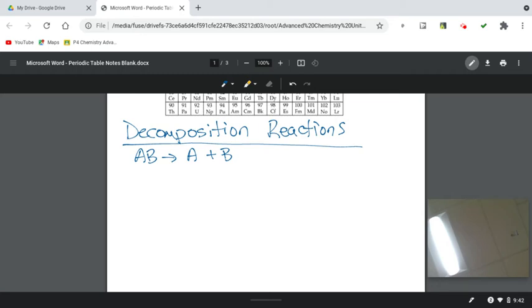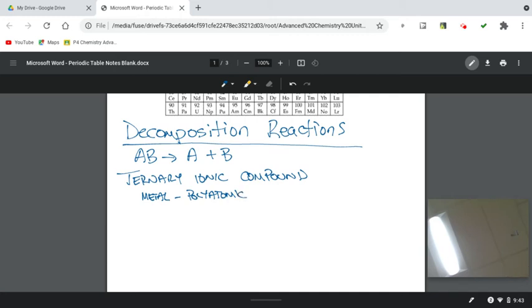The first is called the decomposition of a ternary ionic compound. So when I say a ternary ionic compound, what I'm saying is there is going to be a metal bonded to a polyatomic ion.